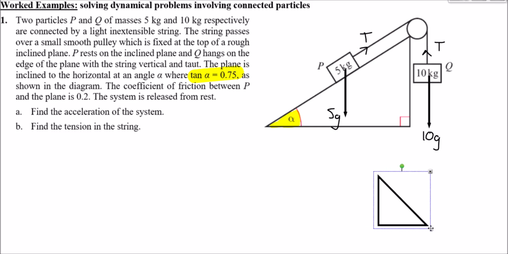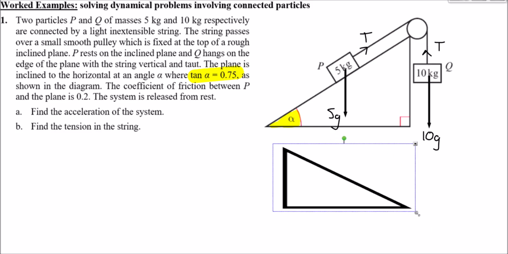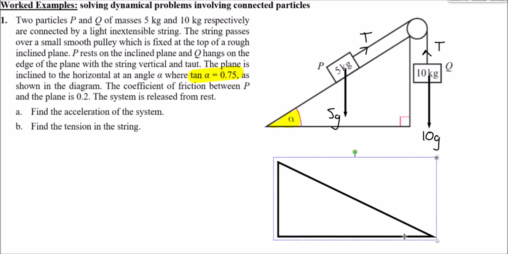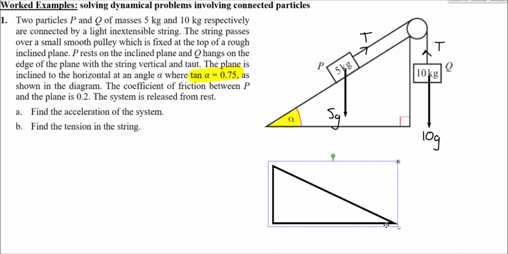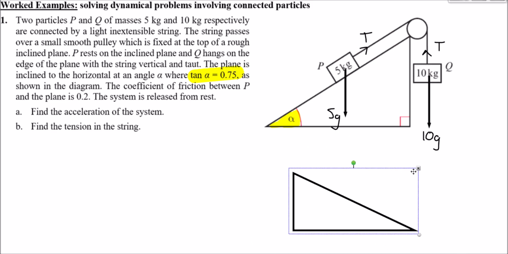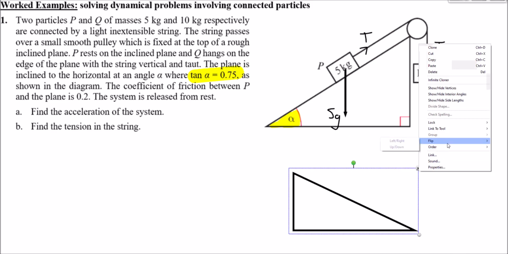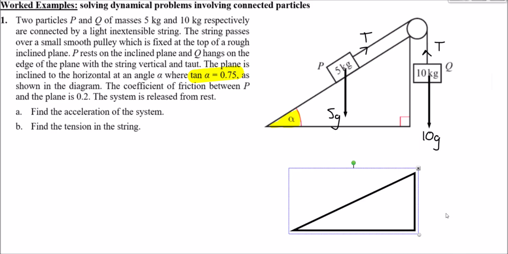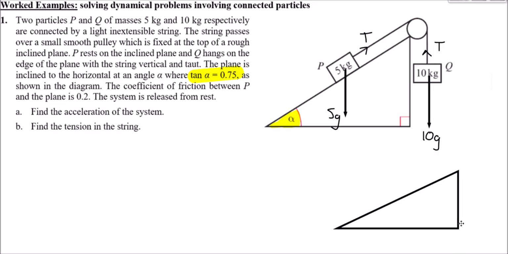So let's just get this nice and clear. Maybe a bit too big that actually. I'll flip this so it looks similar to what we're looking at here. There we go. So think about what tan is.